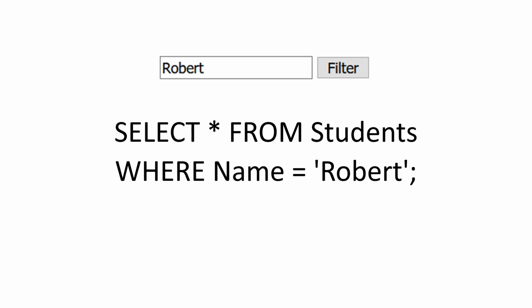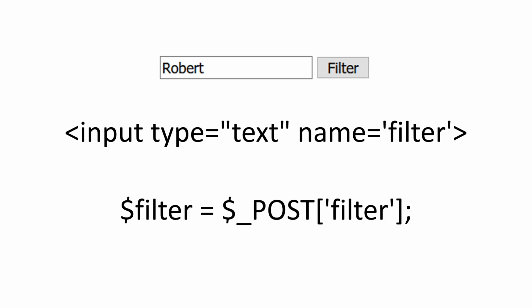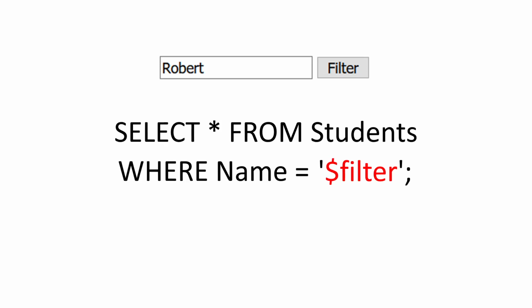What happens is we create an input on the HTML side that accepts some sort of arbitrary input from the user, and then when the PHP processes the web page's post event, we take that value that's been posted to the website, store it in a temporary variable, and then use that variable to construct a SQL statement.